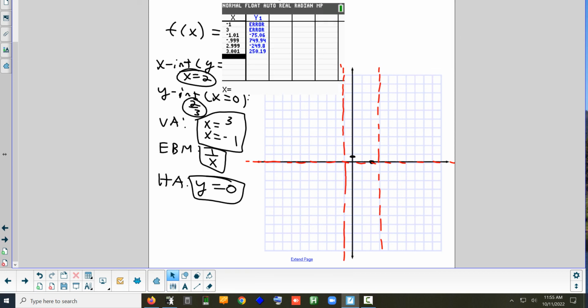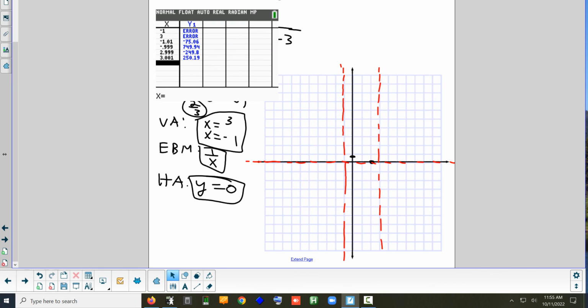All right, let's just look at what happens. When you are just to the left of -1, you're going to be down at -infinity. To the right, you're going to be up at +infinity. Just to the left of 3, you should be way down. To the right, way up.